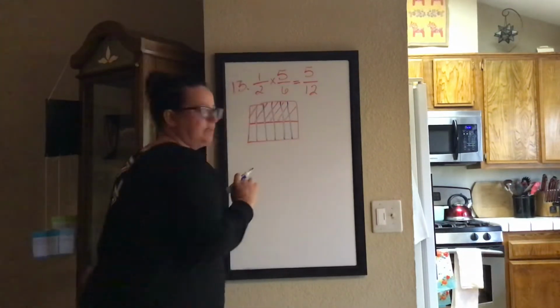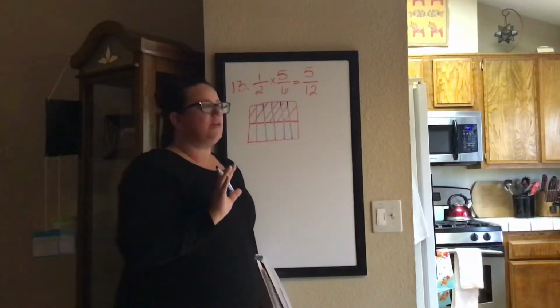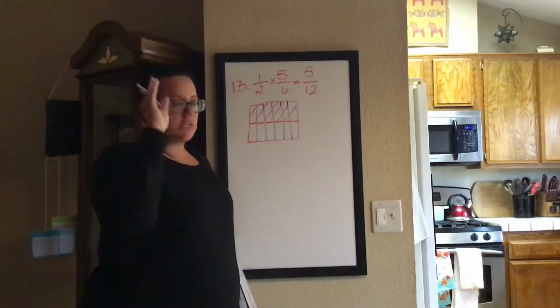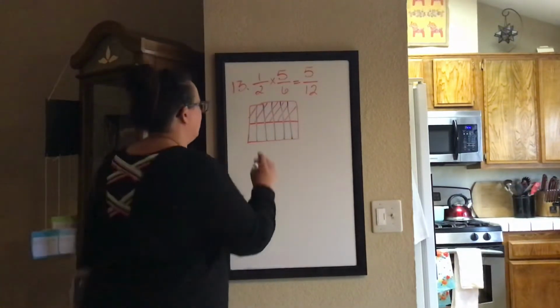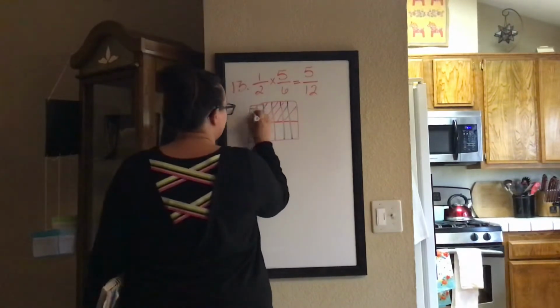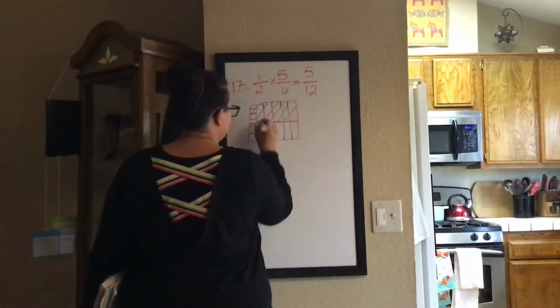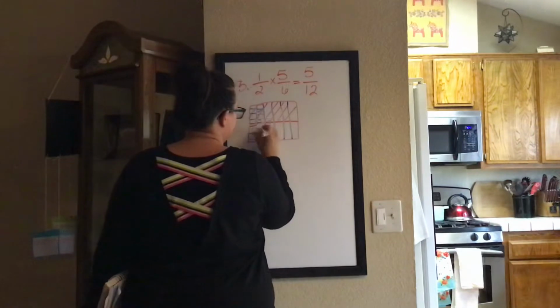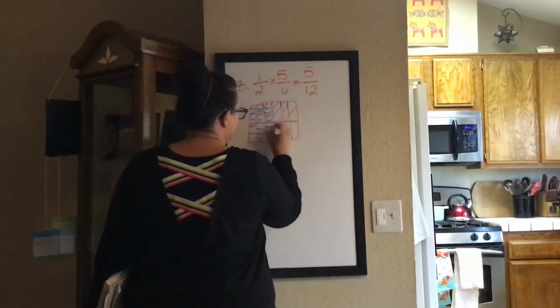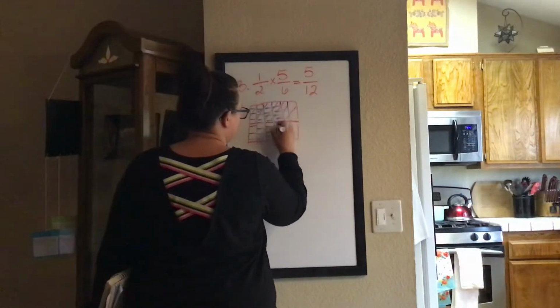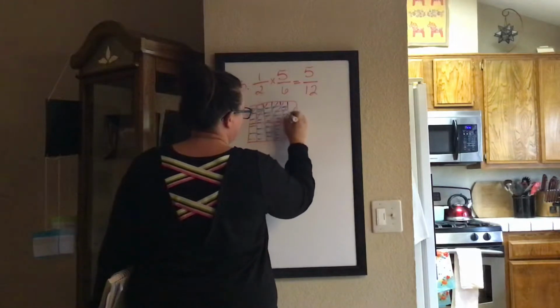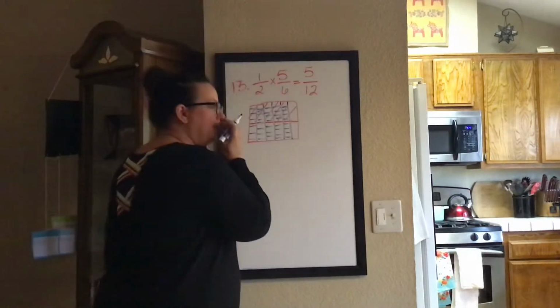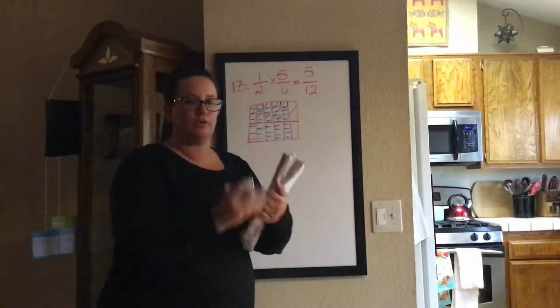We're imagining that when I split it again, the other one isn't there yet. We're just gonna pretend for now that it's not there. And I want 5 of my new fraction, right? 1, 2, 3, 4, 5, okay?